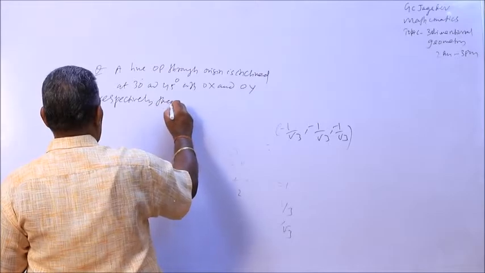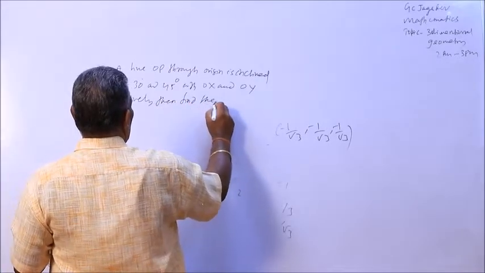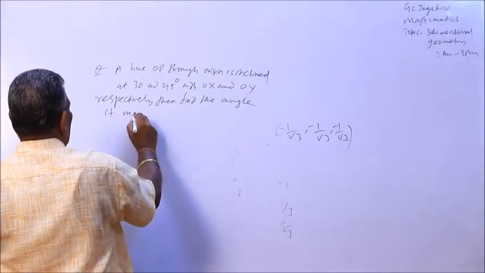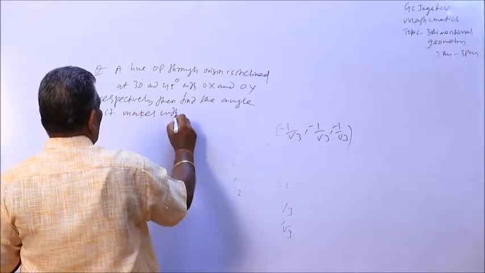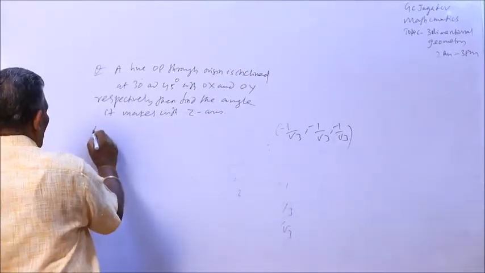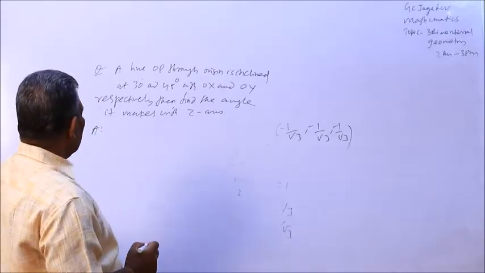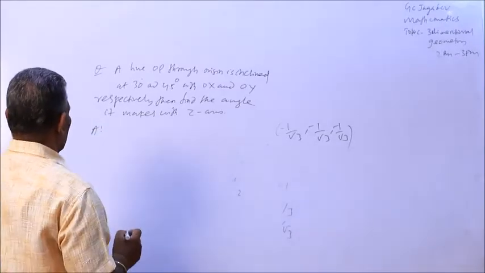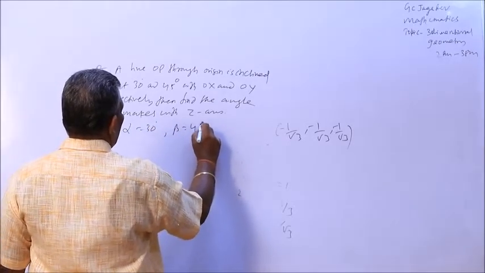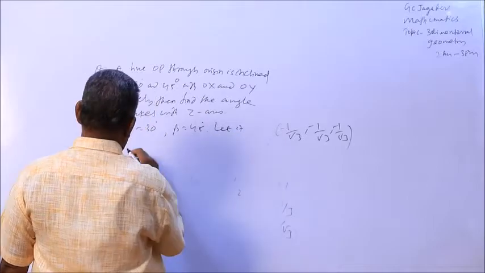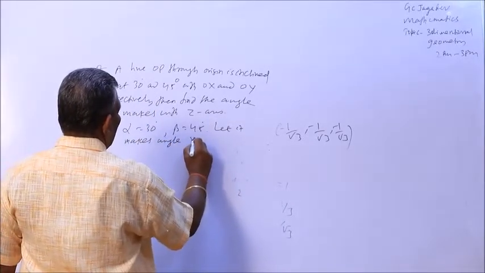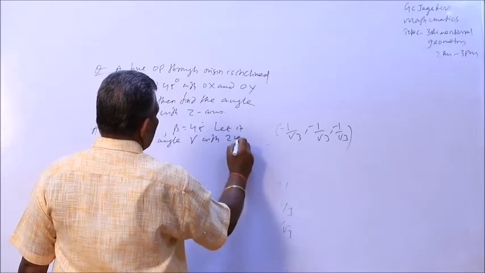Then find the angle it makes with Z axis. Here, according to the question, it makes angles 30 and 45 degree with x and y axis respectively. That implies alpha equals 30 degree, beta equals 45 degree. Let it make angle gamma with Z axis.